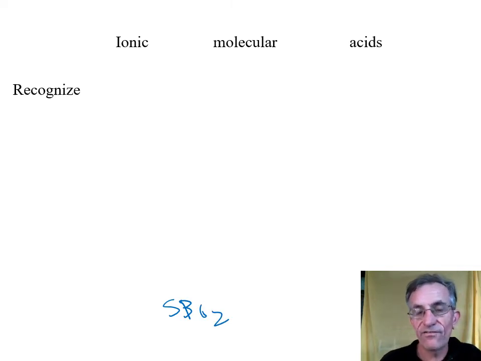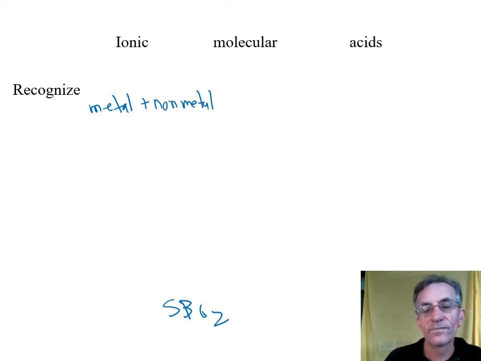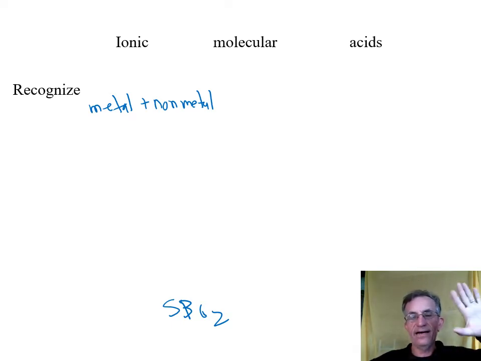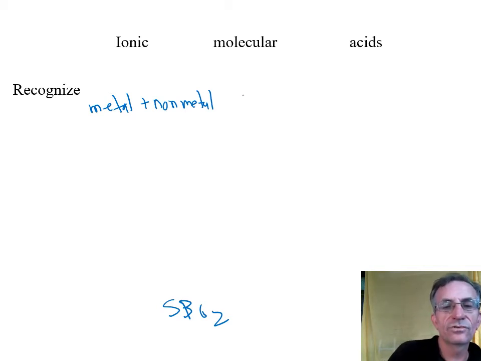If I give you the formula of an ionic compound, remember, they're made up of a metal and a nonmetal: something from the left-hand side of the periodic table and something from the right-hand side, something on each side of the staircase. Now, how are you going to know if you're looking at the formula of a molecular compound? You're going to see two nonmetals.